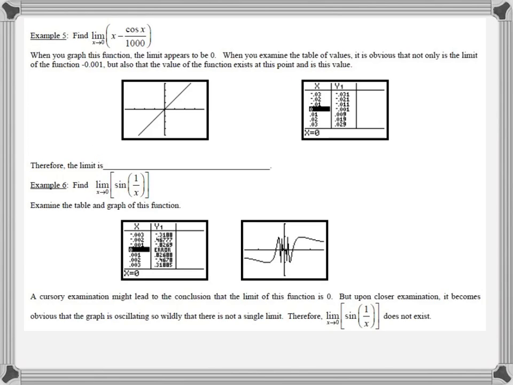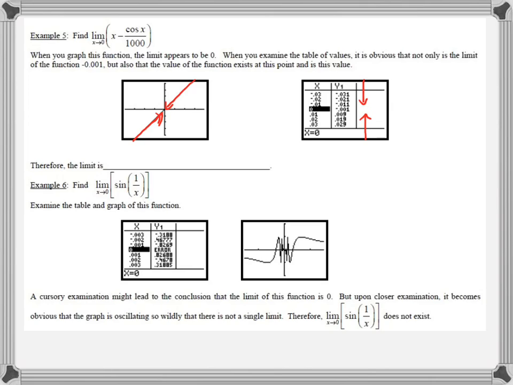Okay, these two examples are the last two limit examples that we're going to do. When you look at this limit statement, limit as x goes to 0 of x minus cosine x over 1,000, when you graph the function, both sides appear to be 0. If you follow from both sides, it seems to be going towards 0 for the y value. However, if you look at the table, the y values are actually getting closer to negative 0.01.